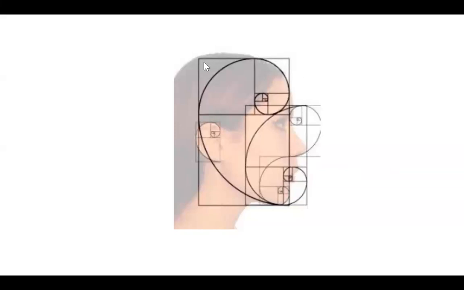Here we can see the largest rectangle, and then it's reproduced again and again and again, keeping that same ratio, that same similarity between the figures shown. It's present in nature, it's present in your body, it's present in many parts.